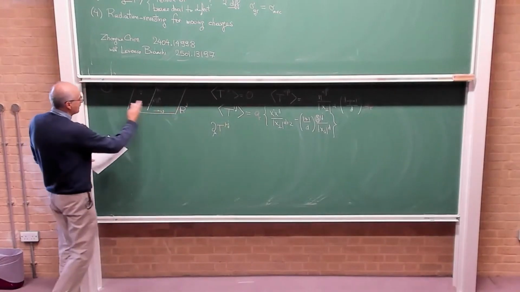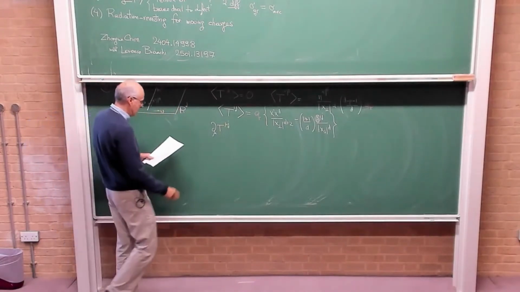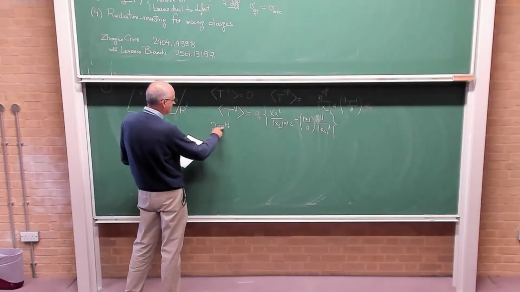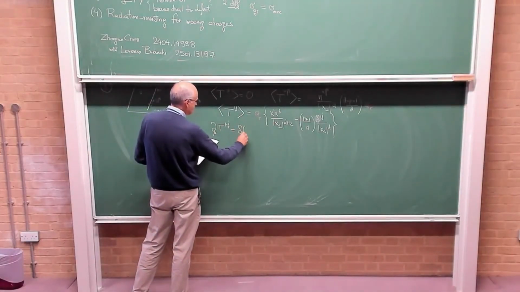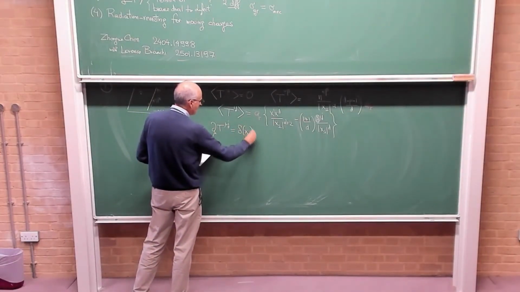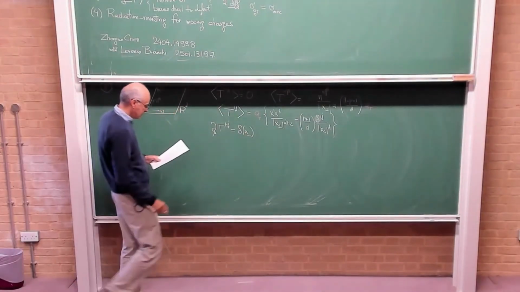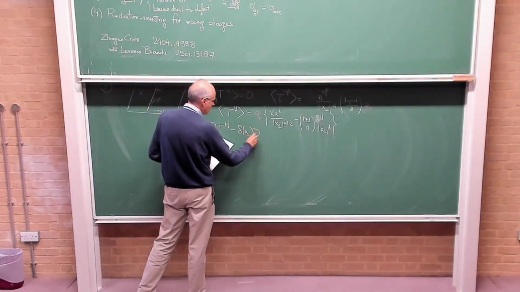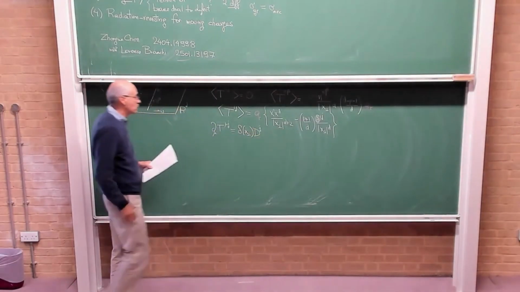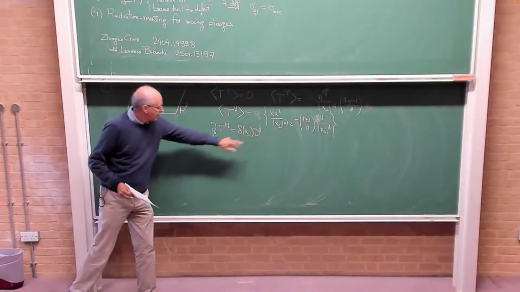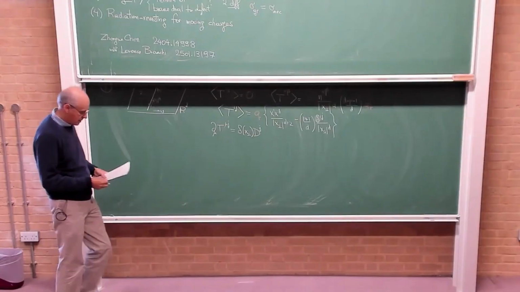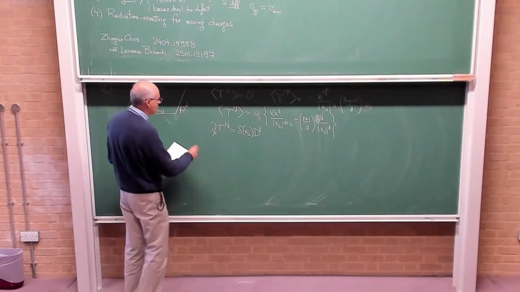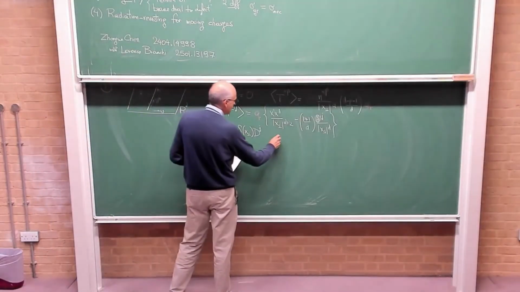The defect breaks the symmetry under transverse translations, and therefore T mu j, the current, is not conserved. It has a delta function at the position of the defect times, by definition, the displacement operator, which is an operator that lives on the defect. Okay, it displaces the thing. So this is the displacement operator.